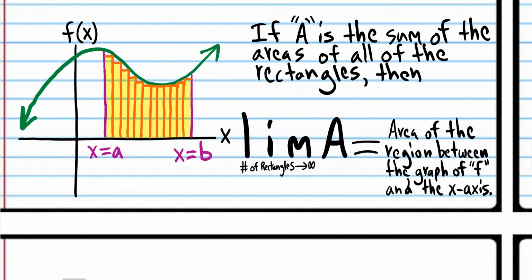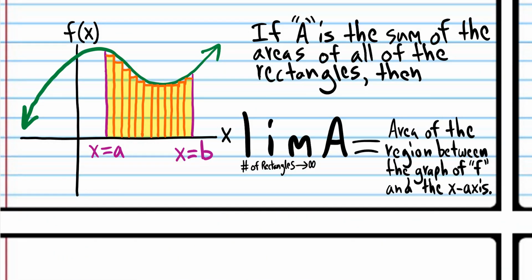And that number is considered to be a limit, because the sum of the areas of the rectangles cannot go past that number. It just keeps getting closer and closer to the number. That's why we call it a limit.